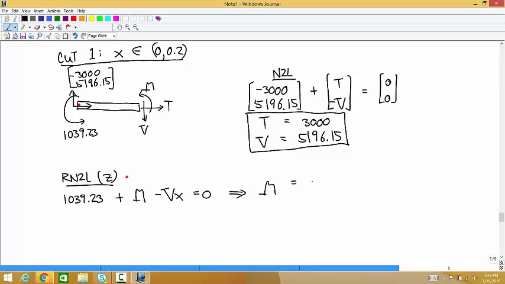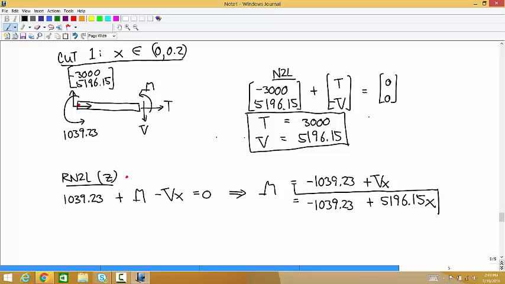So M is equal to negative 1,039.23 plus Vx, which is negative 1039.23 plus 5196.15x. And then you can do all the checks the same way as you always do. It has to meet all the same requirements.